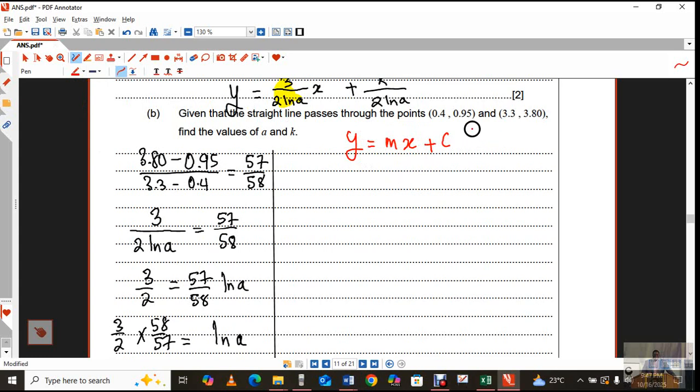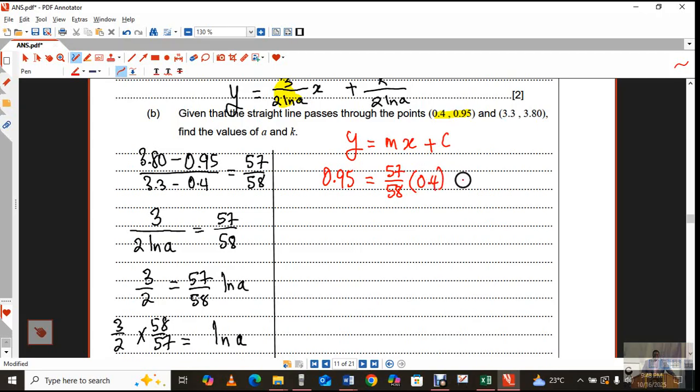I'm going to take one point, and perhaps I will take this point. Doesn't matter, any one of the points, okay? For y, I'm going to substitute 0.95. My gradient, I already know. My gradient is 57 over 58. The x value is 0.4, okay?